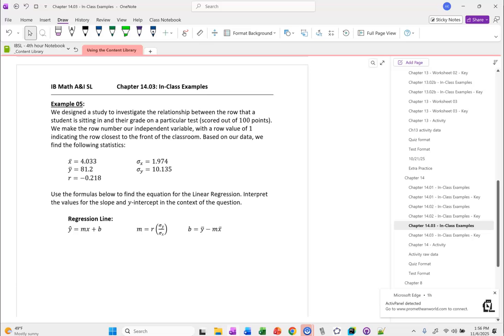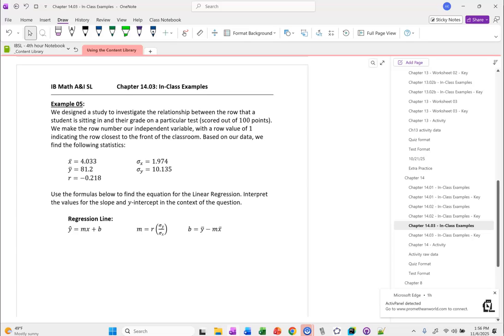All right, example 5. We designed a study to investigate the relationship between the row that a student is sitting in and their grade on a particular test. We make the row number our independent variable, with a row value of 1 indicating the row closest to the front of the classroom. So row 1 would be like you guys, right here in the front row.